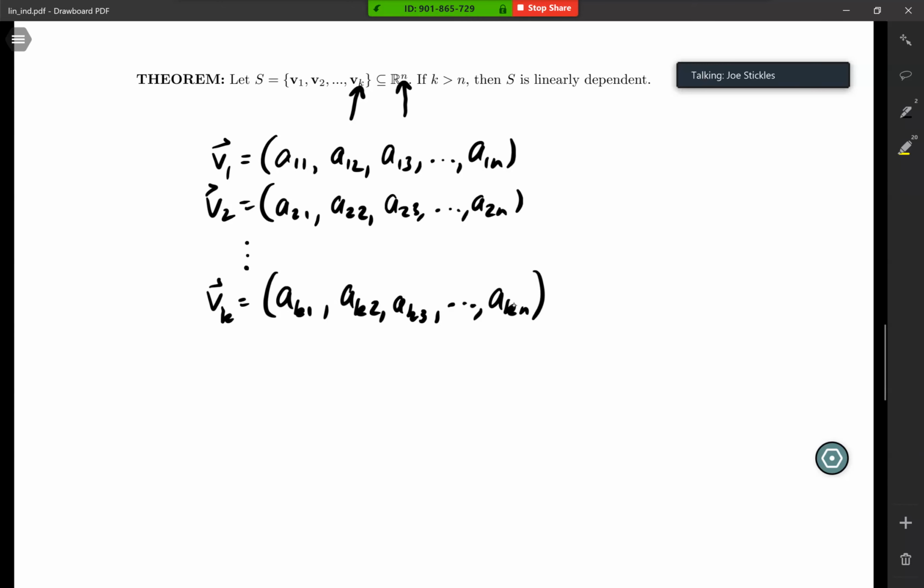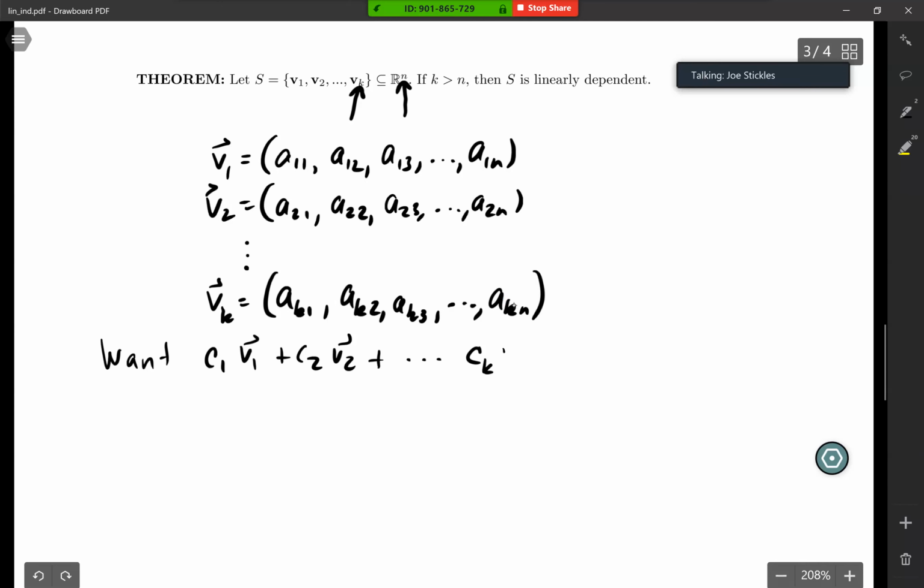All right, so we want C1 V1 plus C2 V2 plus up to CK VK to be equal to the zero vector, which we know in Rn is just a bunch of zeros.